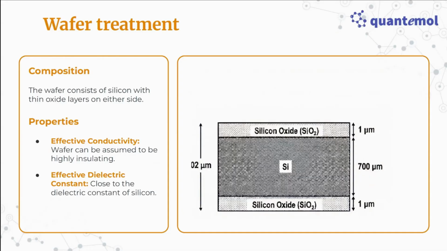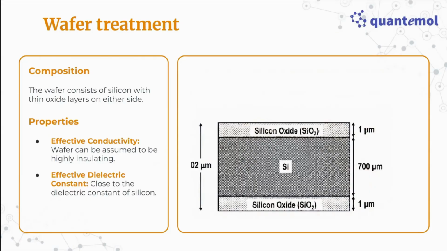As long as it's sufficiently insulating, you can change the conductivity by orders of magnitude and nothing changes. This is nice because silicon dioxide is highly non-conductive. Even if it's just 1 micrometer, this basically dominates the resistance. So we just set the conductivity so small that we get this insulating effect and we don't need to care much about it.